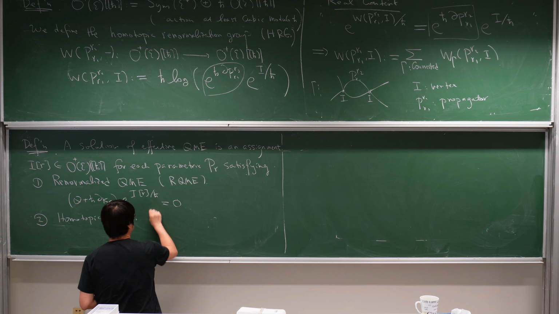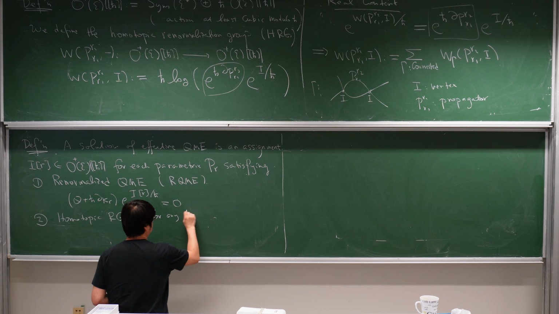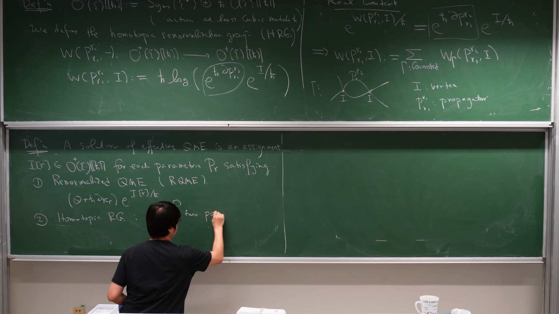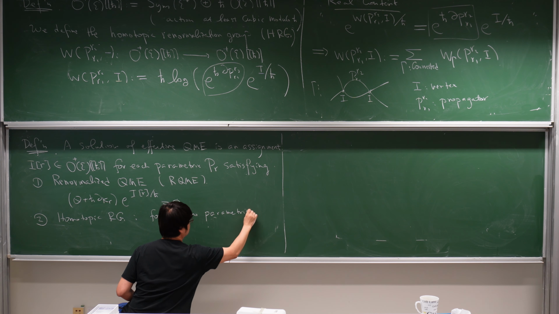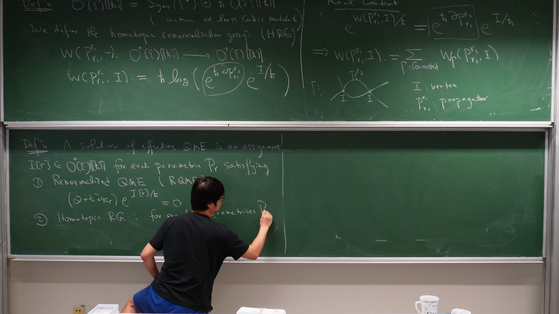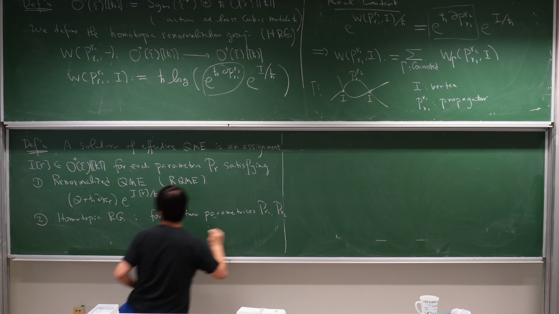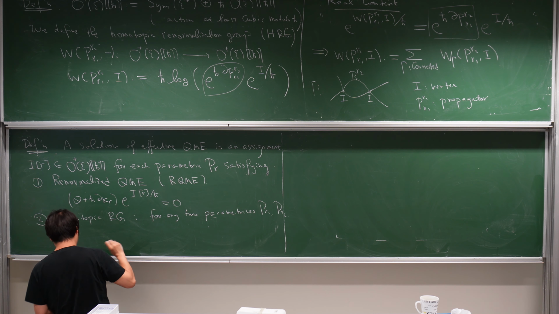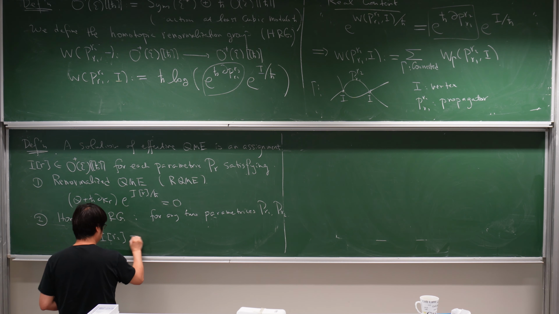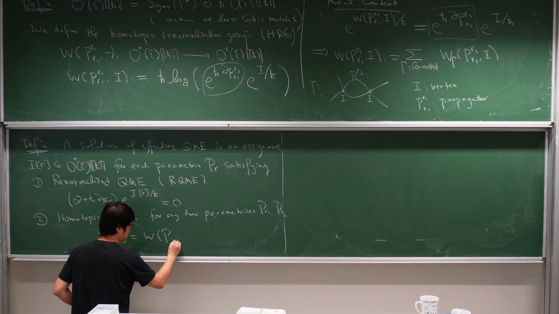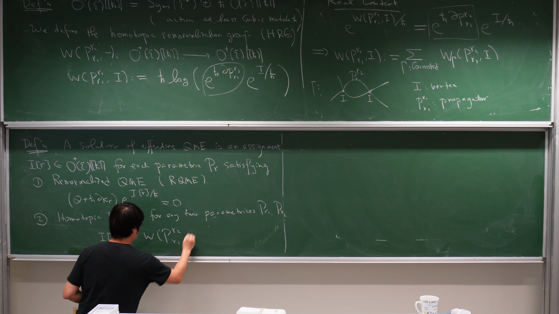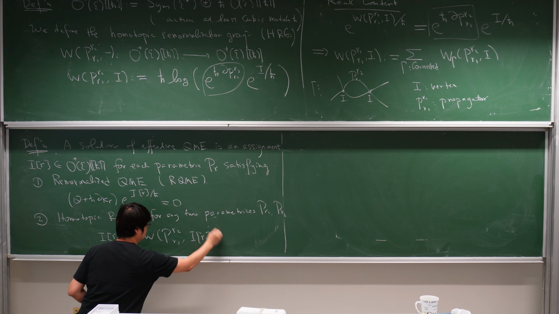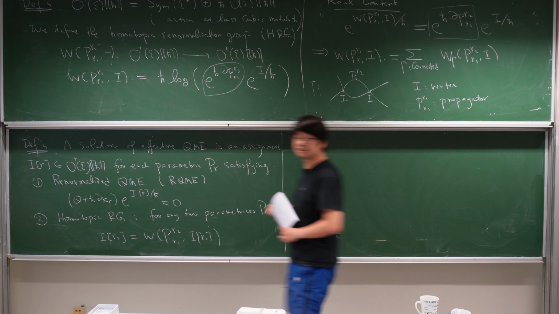So for any two parametrices, like P_R1 and P_R2, this different choice of interaction are related by this homotopic RG flow by this equation. So these are related by this equation.